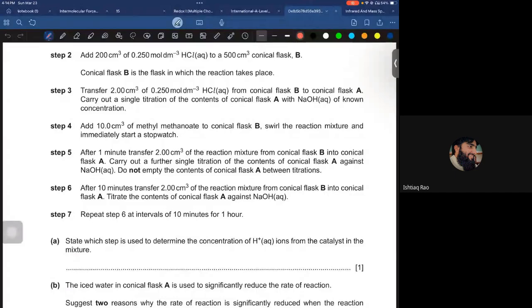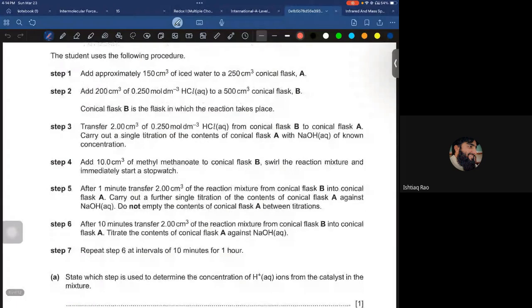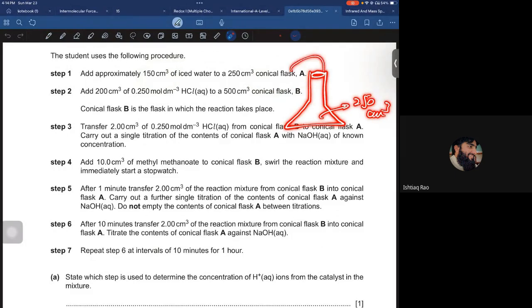If you can see, in step 1 we are transferring 150 cm cube to a 250 cm cube conical flask. Let's suppose you have a conical flask of 250 cm cube and I'm adding 150 cm cube of iced water.